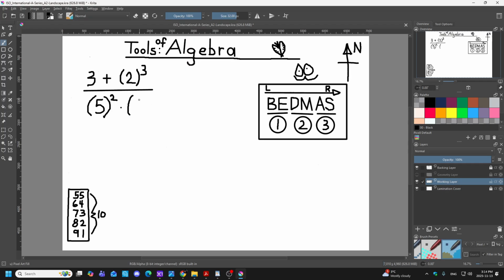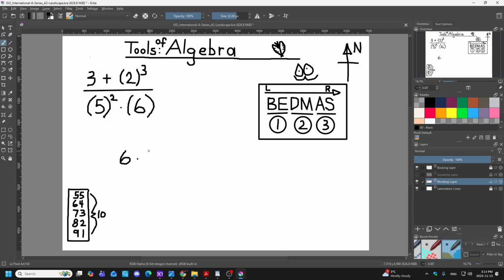Or let me just show you something else. There's another way to write this. Okay, this is the problem right here. But looking at the denominator, I could also rewrite this just like this.